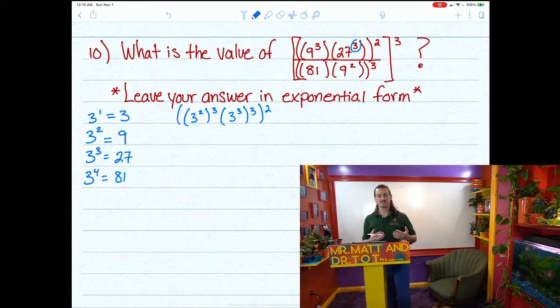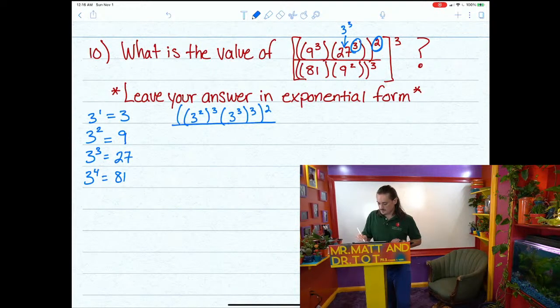But just working inside, now we have a power of a power. So inside the brackets, we're going to have 3 raised to the 2 times 3 power. So this is going to be 3 to the 6th power. 3 to the 3 times 3 power is going to be 3 to the 9th power.